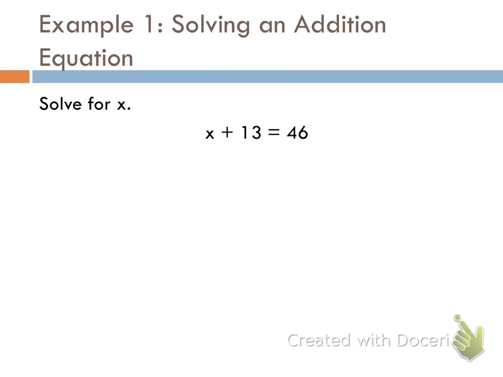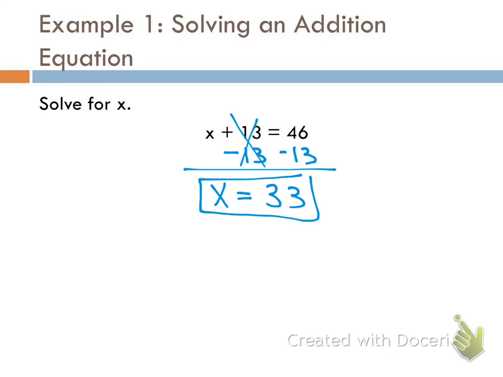All right, now in example 1, we're solving for x. So we have x plus 13 equals 46. So we need to get 13 to cancel out and move it to the other side. How would you cancel out positive 13? What would you need to do? You subtract. You need to subtract 13. Very good. 13 and 46 minus 13. Subtract 13 from both sides, and it cancels on the side that x is on, and we have x equals 33.